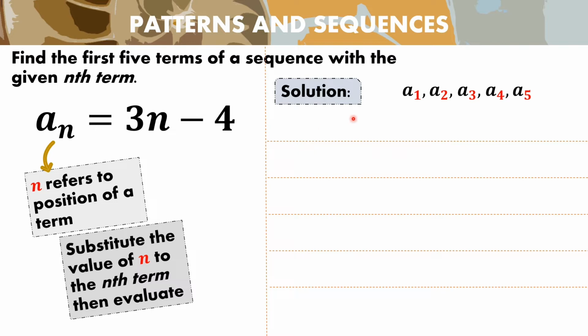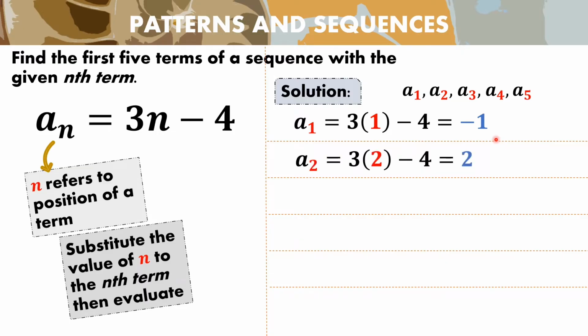First term, a sub 1 equals 3 times 1, since we're looking for the first term, minus 4 equals negative 1. Next, a sub 2, or second term, n is 2. We have 3 times 2 minus 4 equals 2. Next, third term, 3 times 3, since n is 3, minus 4 equals 5.